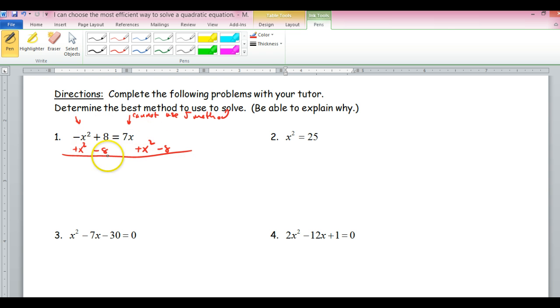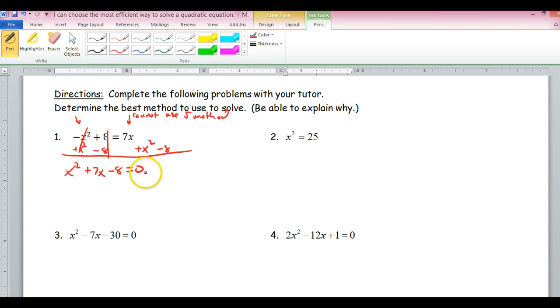Now, when we rewrite this polynomial, we want to write it in standard form. These eliminate, and this left side becomes 0. But when we write our polynomial, we're going to get x squared, since it's positive. 7x is positive, so we're going to add it. And that 8 is negative, so we're going to subtract it. So now, our polynomial is in standard form, written as x squared plus 7x minus 8.